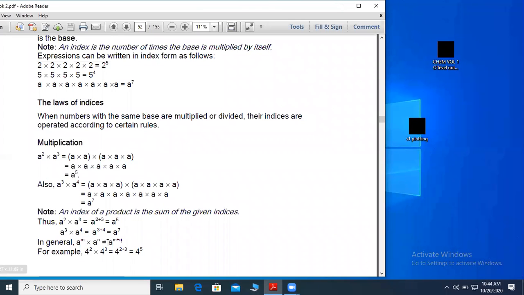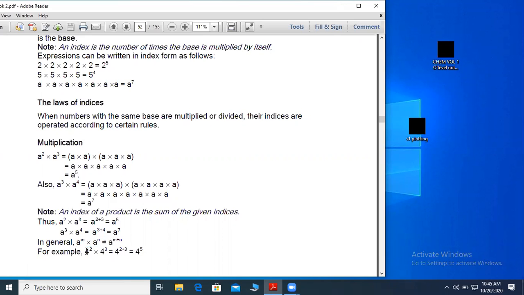So in general, if we have a power m times a power n, the base is still the same. We write one base, which is a, and we shall add the powers, and the power is m for the first power plus n for the second power.